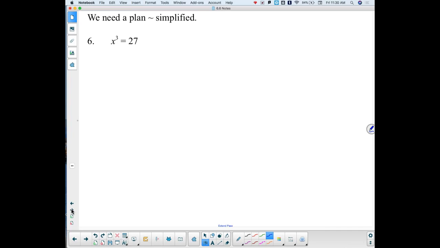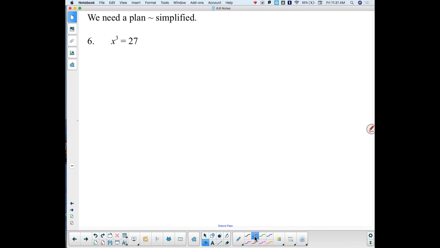Alright, so we need a plan, and we need to get it simplified. This is actually the first example on that sheet that I just handed out. If it says find the complex solutions to these, or solve this equation in the complex form, this is what you're going to do.